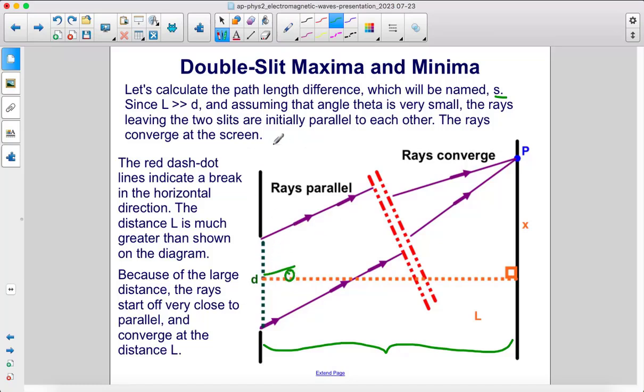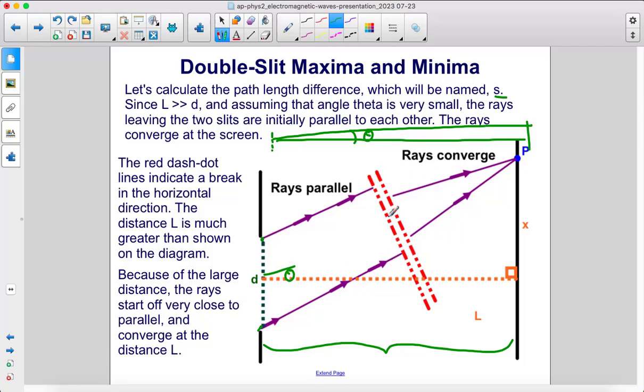Like to scale, the slits are over here and the screen's all the way over here. So if you draw it like this, we can assume that this angle theta is really small. We're going to assume that these two rays leaving the two slits are essentially parallel when they leave.